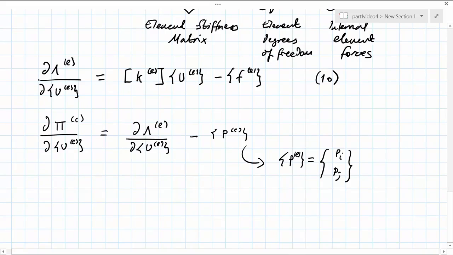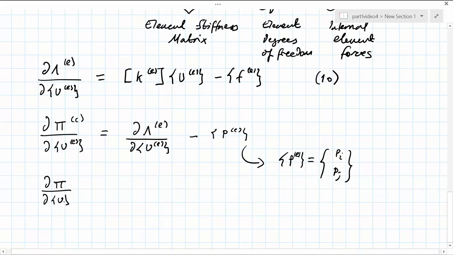If we then assemble all of our elements, we then get the global stiffness matrix, global element forces, and global applied loads. So this gives us the derivative of the total potential energy for the whole system.